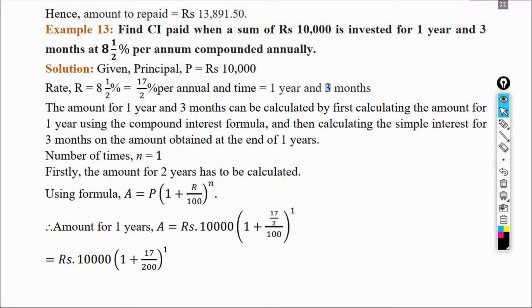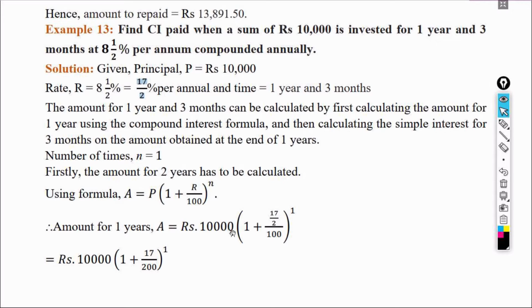Let us see how we can solve. For 1 year, rupees 10,000 is the principal, 1 plus 17 by 2 by 100. 17 by 2% is the rate of interest for 1 year.